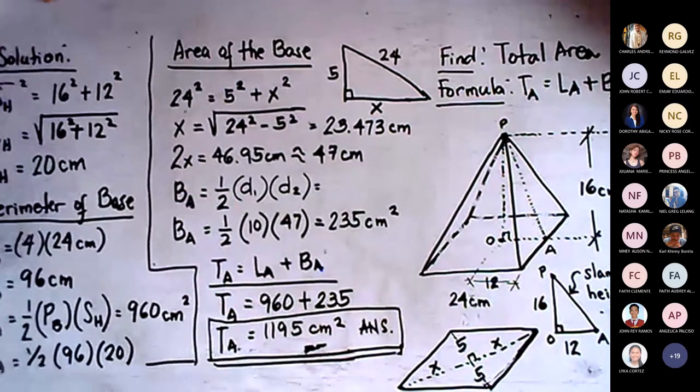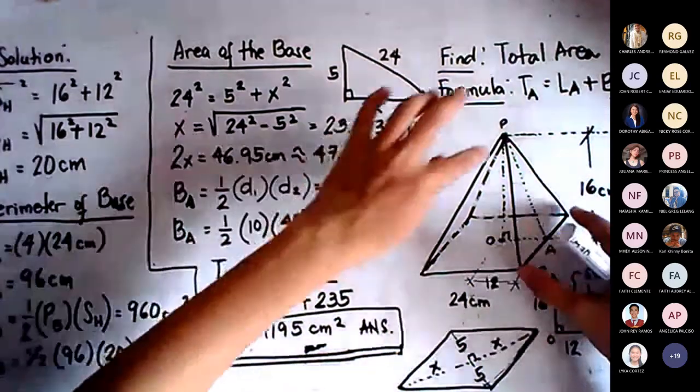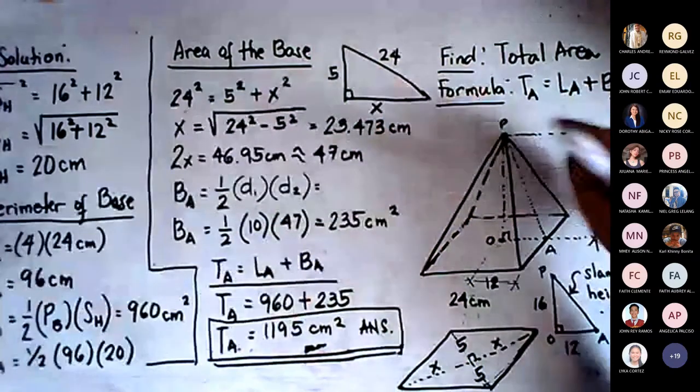Later on, we are going to discuss some more problems, in which we are going to find the bases and the area by simply making use of the triangle. Okay? So all you have to do is to determine first the area of the lateral faces.